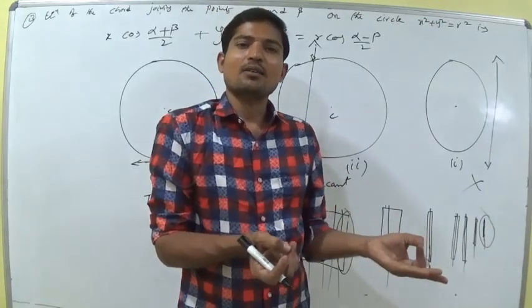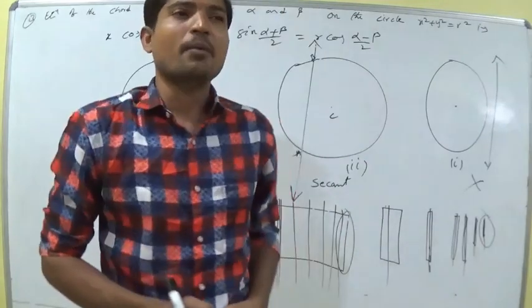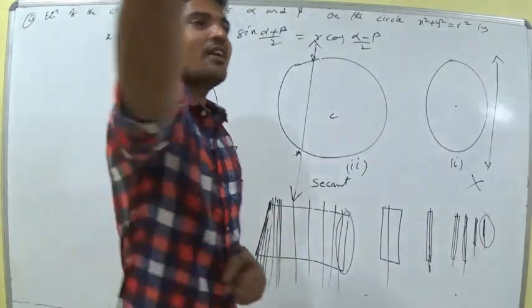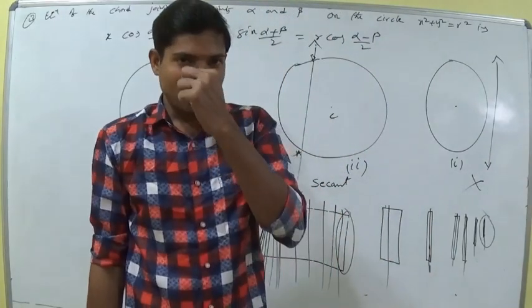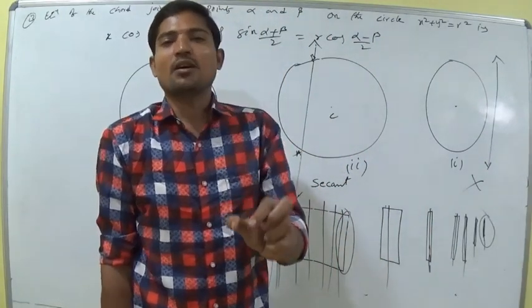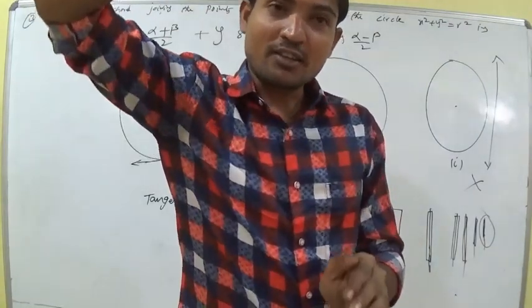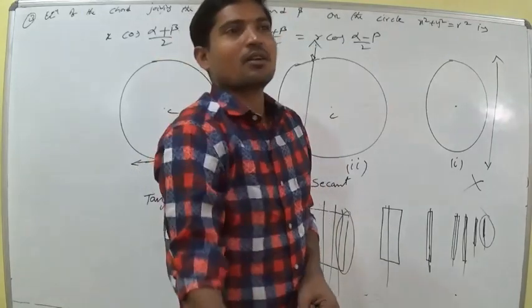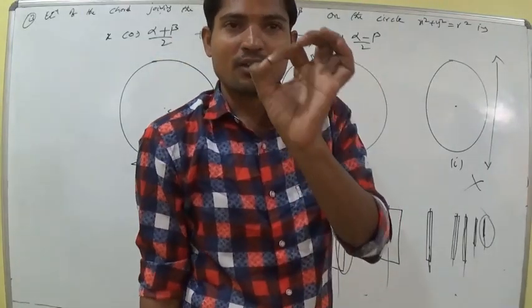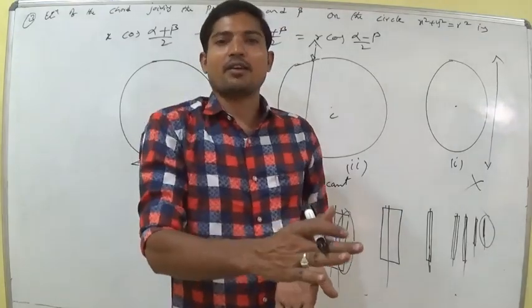That quarter, and whatever the little bit one that cannot be divided by you, that is the limiting position, the limiting point of that paper. Understand? That cannot be divided.